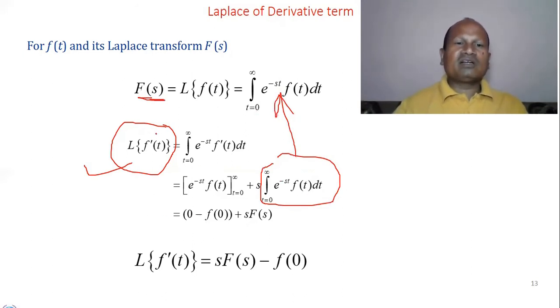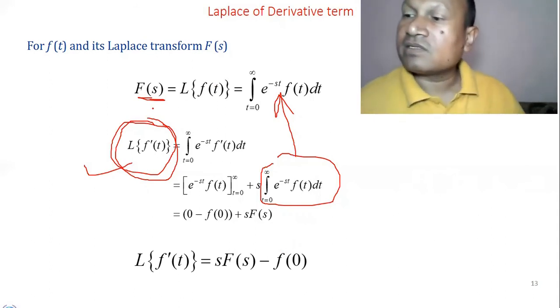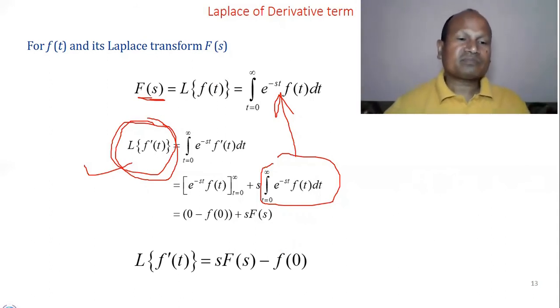So here the Laplace transform of your first derivative is actually sF(s) minus f(0), where F(s) is the Laplace transform of f(t), the normal signal, and f(0) is the initial value of that signal whose Laplace transform is F(s).